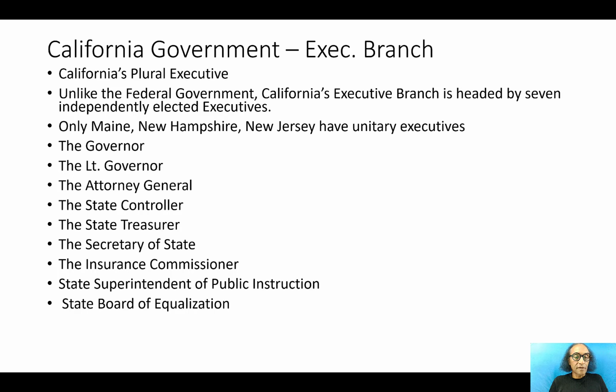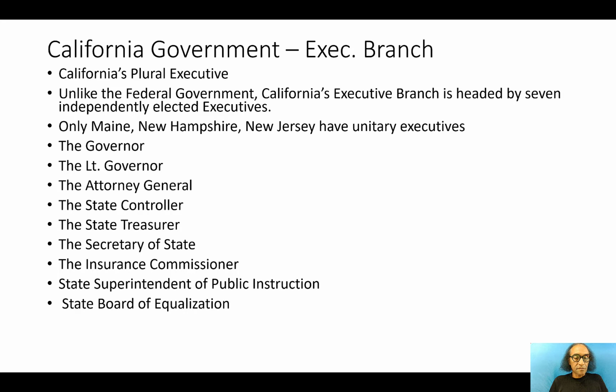But the lieutenant governor is not the equivalent of the vice president of the United States, so they're not on the same ticket. It is conceivable that you could have a lieutenant governor of one party and a governor from another party. The third high-ranking state executive official would be the Attorney General, and we'll look at the powers and responsibilities of these offices in subsequent PowerPoints.